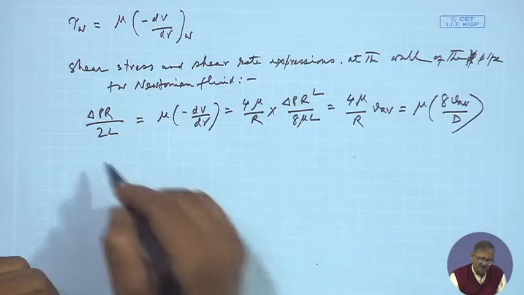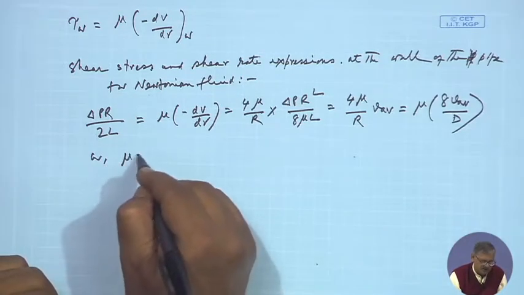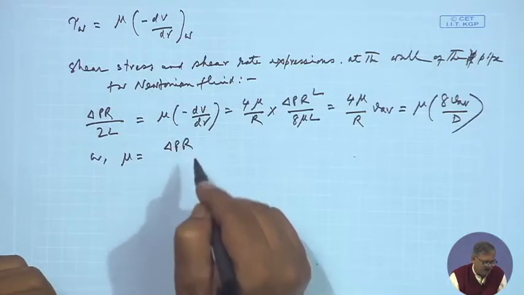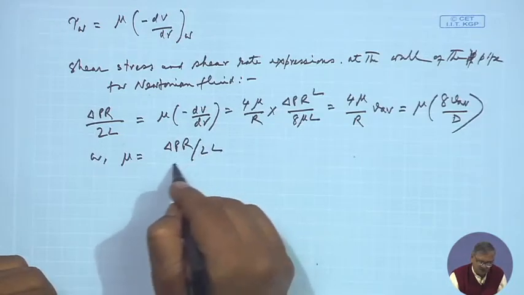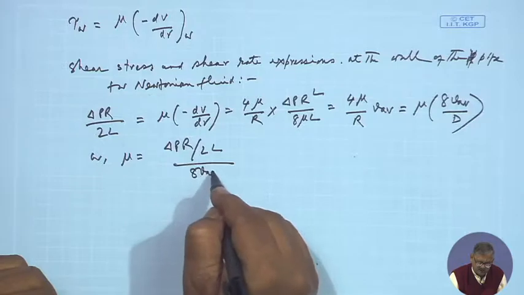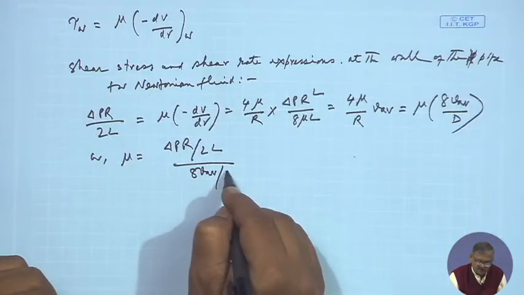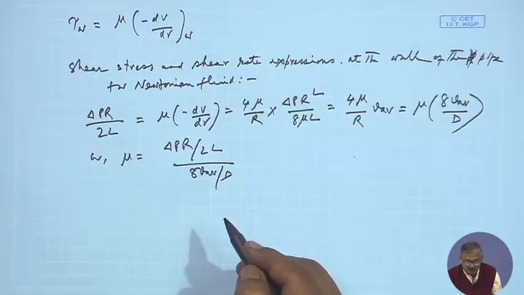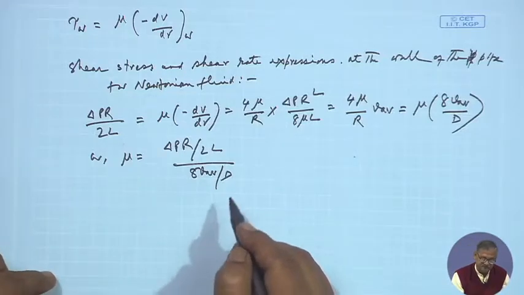This relation we have already done, or mu can be written as delta P R by 2 L over 8 V average over capital D, right. This we can write for Newtonian fluid, right.